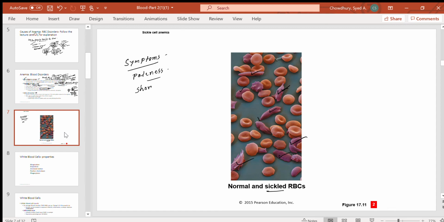Shortness of breathing, okay, of course, because the person's blood cannot carry enough oxygen, so the person will easily get tired. So that is called fatigue, fatigueness or tiredness. And yeah, those are some common symptoms of anemia.